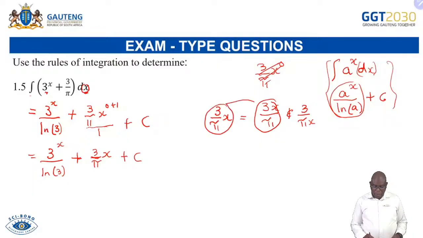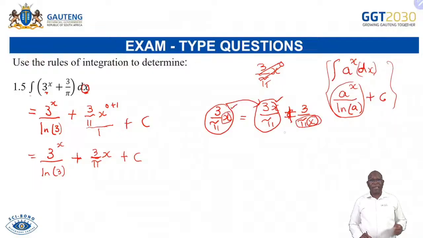So these two are the same, but this is not the same as that, because that x here is a denominator, and in this case x must be a numerator. In this case here, the x is still a numerator, because you are saying 3 over pi multiplied by x, which gives you 3x over pi. But if I do that, that will be incorrect. And these are some of the mistakes that we get in the exam. Please try to avoid them at all costs.